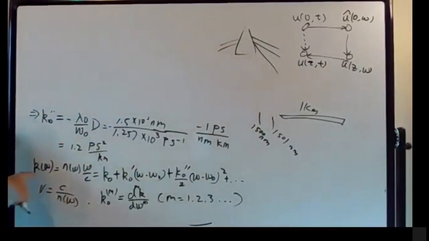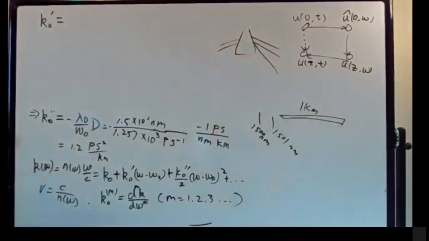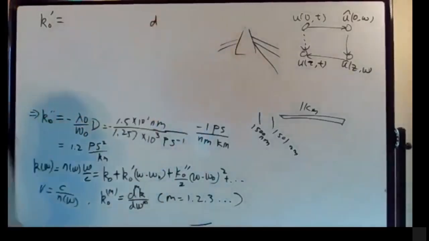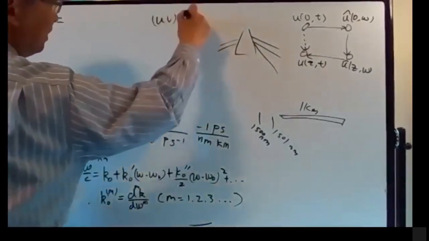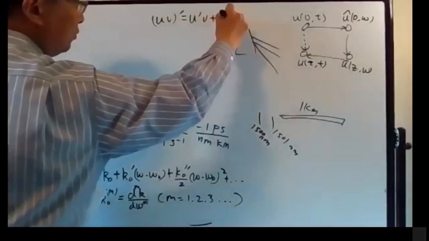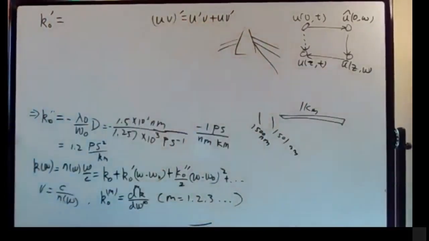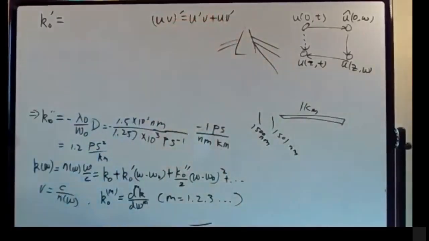Now let's look at the first one. k omega is n omega over c. So let's say k naught prime, we'll take a derivative here. The derivative of uv is u derivative v plus u v derivative. So let's take a derivative on the n first.